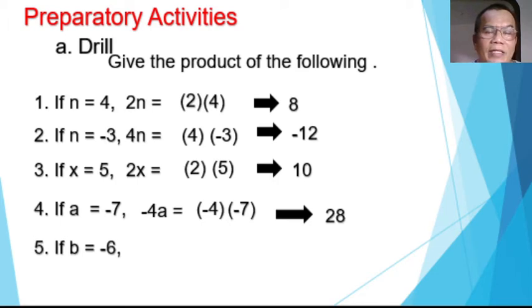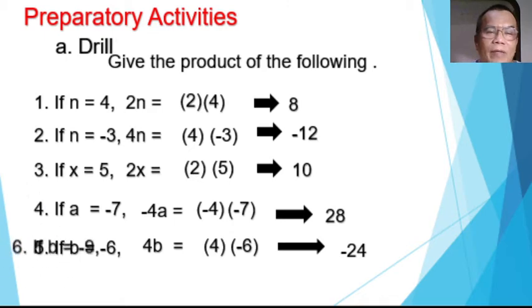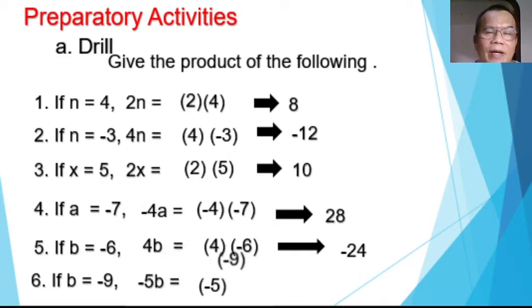If b is negative 6, what is the value of 4b? So that is 4 times negative 6, which is equal to negative 24. And if b is negative 9, negative 5b is equal to negative 5 multiplied by negative 9, which is equal to positive 45.